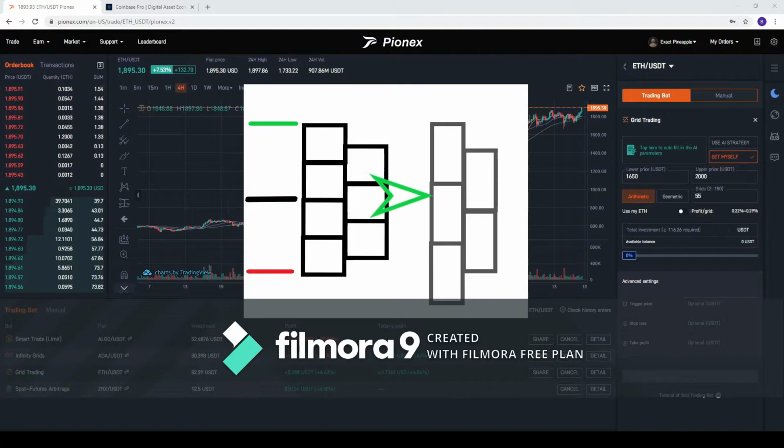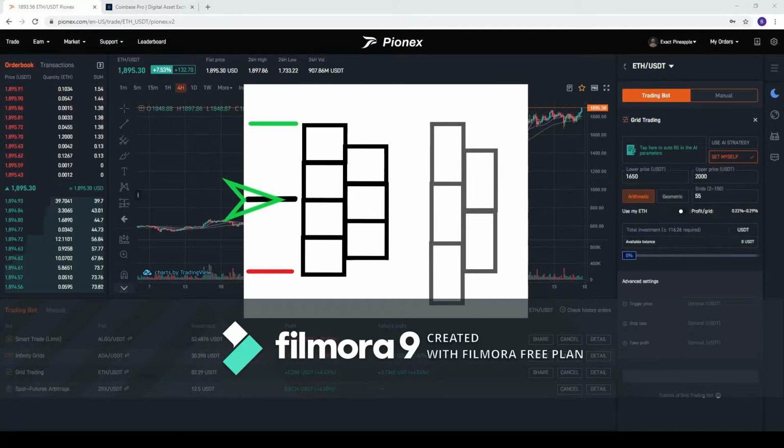And over here, these gray grids show us the difference between a lot of grids and fewer grids. The fewer grids we have, the larger the grids are. It's harder, because you're hoping for more volatility within your parameters, but you catch more profit every time.